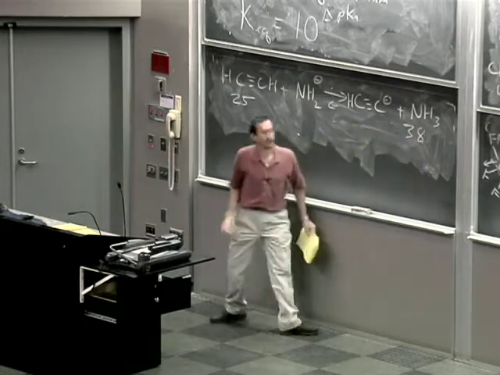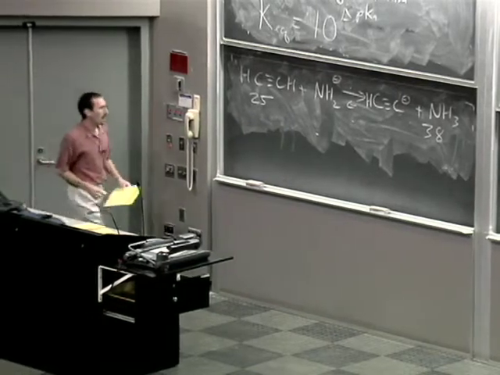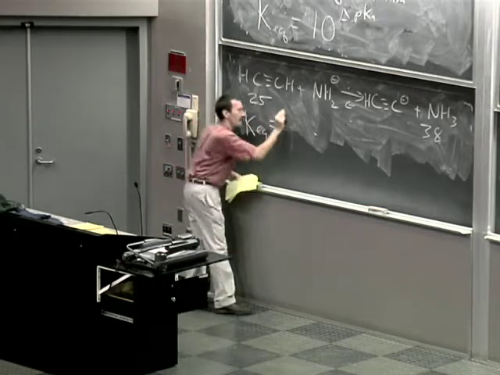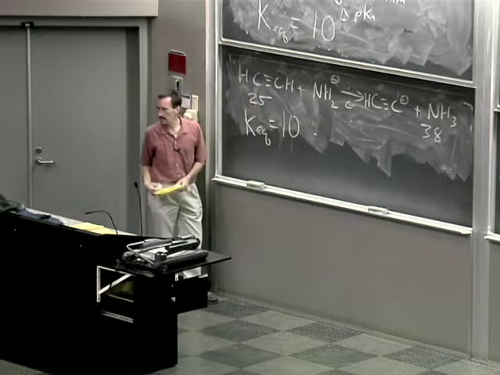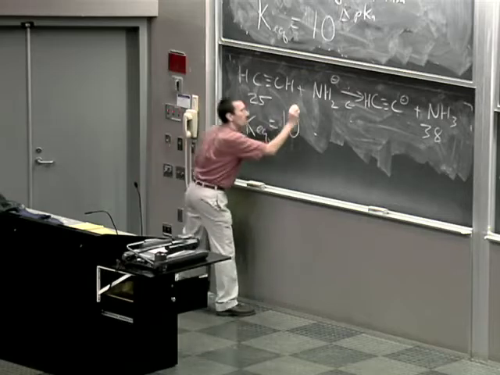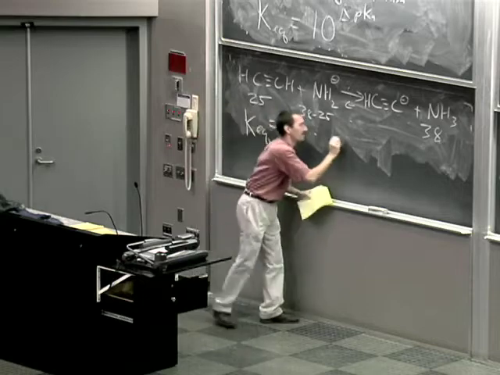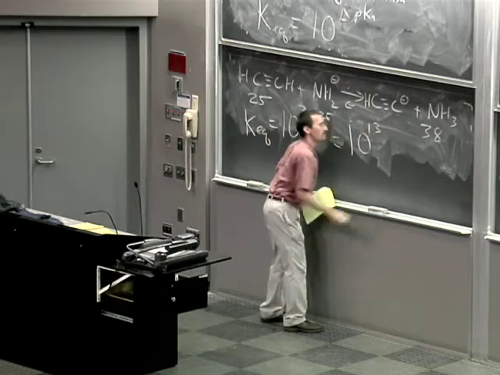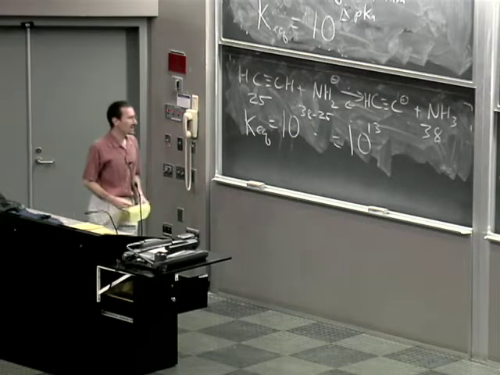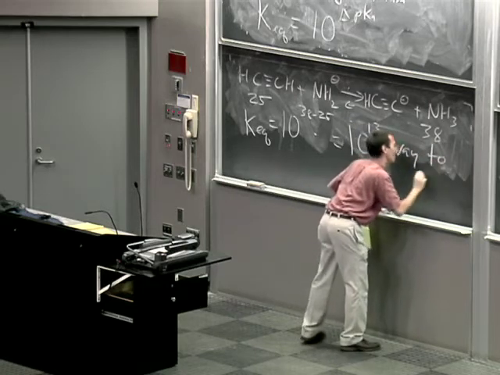Acetylene has a pKa of 25. Ammonia has a pKa of 38. Our equilibrium constant, KEQ, is then equal to 10 to the difference in pKa, the number on the right minus the number on the left. 38 minus 25 equals 13, so 10 to the 13th. And that's why I was able to say with such fluidity that equilibrium lies way to the right.